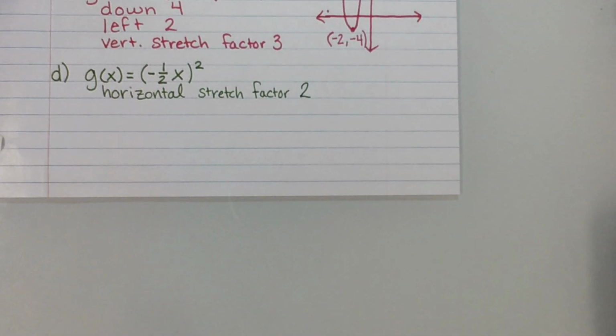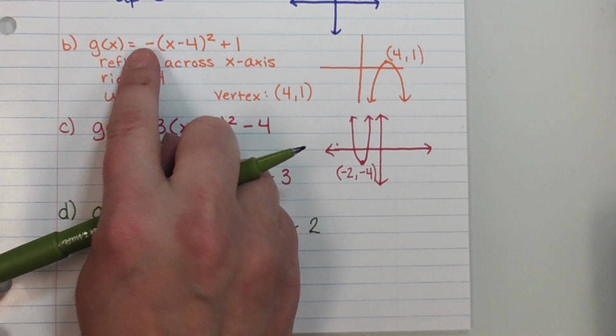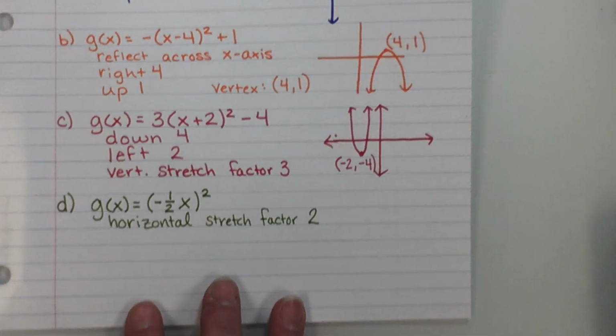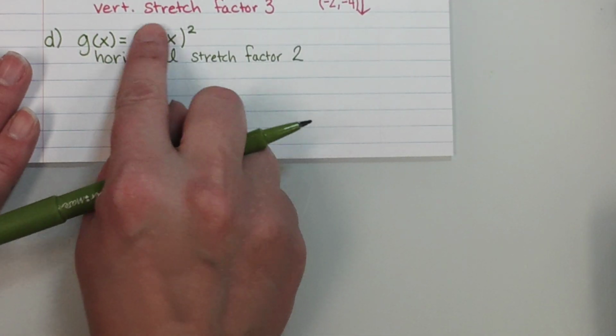What does the negative do inside? What does a negative do when it's put in front? Reflects across the x-axis. What does it do when you put it in front of just inside the parentheses, though?